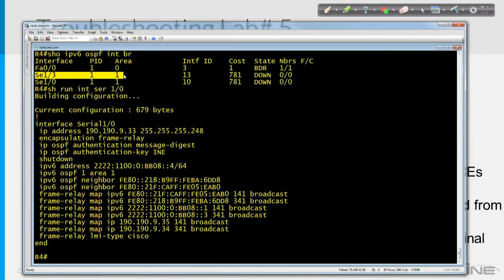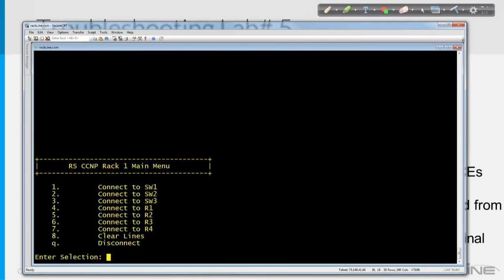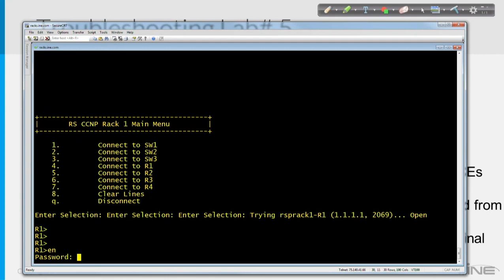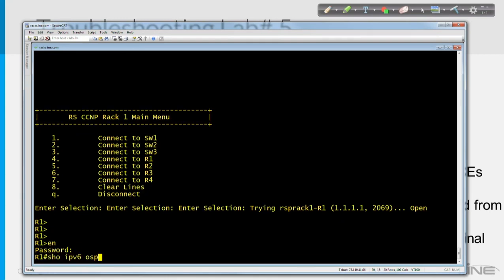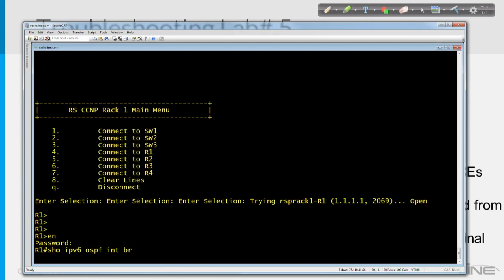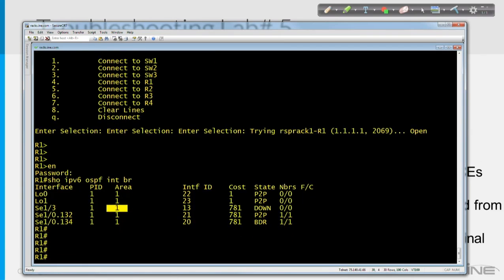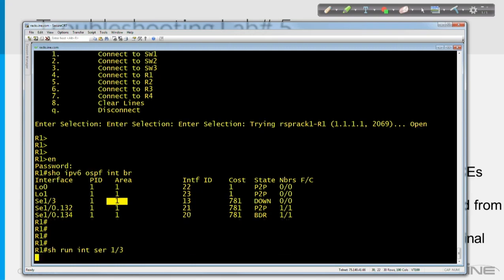Okay, let's go over to router 1 and make sure that on the other side of that PPP connection, he also knows that frame relay should be operational on that interface. Show IPv6 OSPF interface brief. Okay, he knows that OSPF should be operational on there. It is in the correct area. All right, let's take a look at our running config and see if there's anything on that interface that could potentially cause OSPF to break.